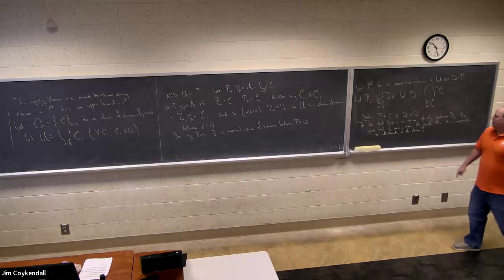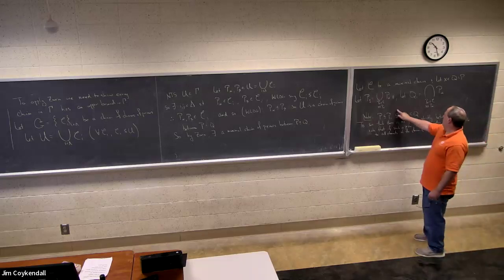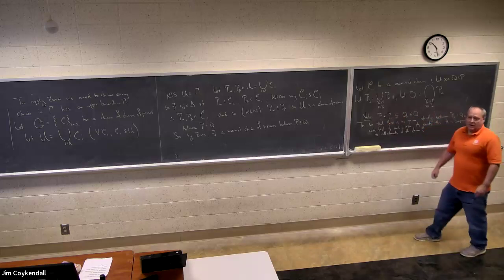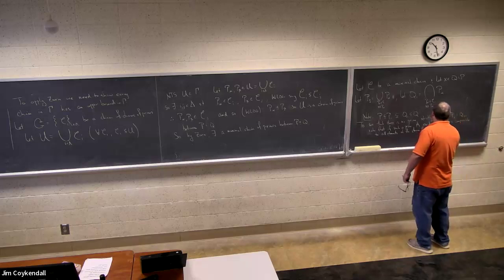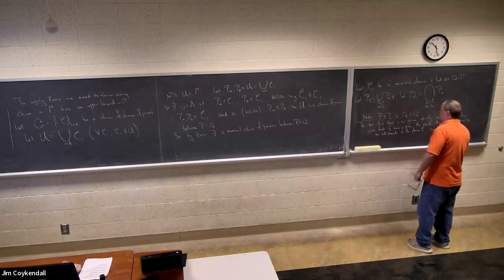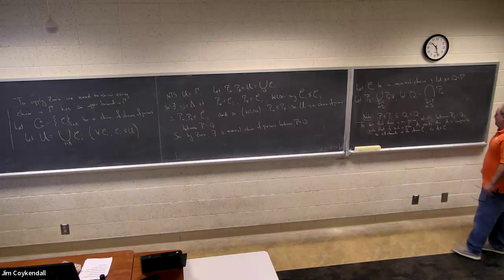If there's a prime that lives between here and here, then it's comparable to all elements of the chain, right? So A is in the chain because of maximality.